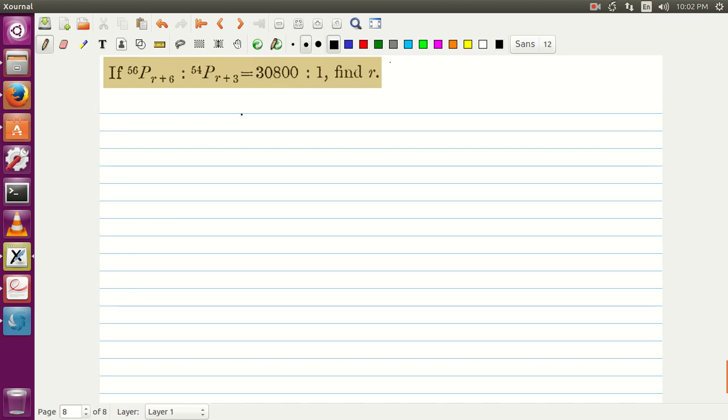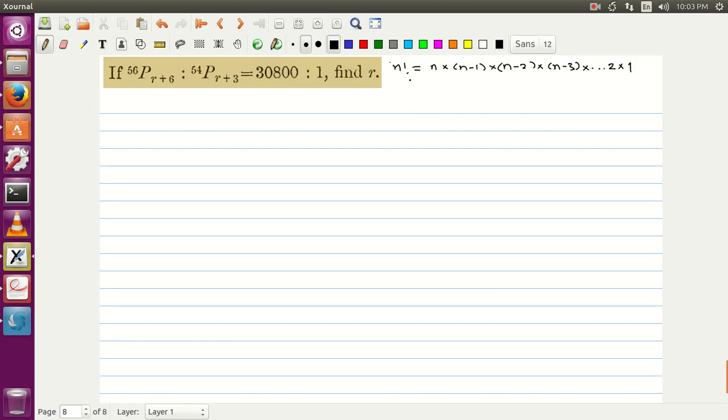So for this problem, remember one very important relationship. We know that n factorial is equal to n times n minus 1 times n minus 2 times n minus 3 all the way to 2 times 1, right?